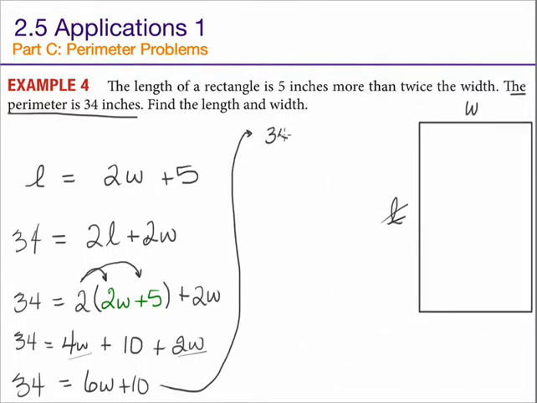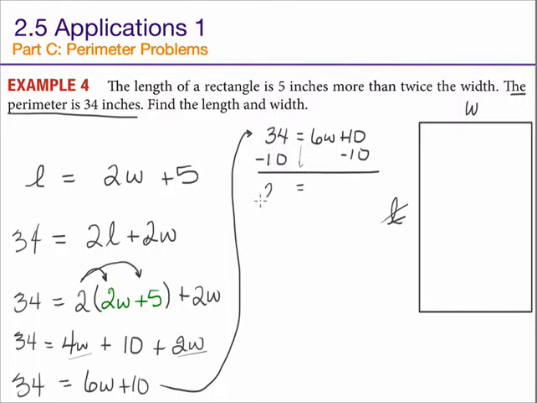Let me just rewrite that line so that we can carry on. We want our variable by itself. We've said in the past that we want the variable on the left, but it doesn't have to be, as long as it's only on one side and not the other. The fact that I have 10 added to the variable term means that it's in my way, so let's get rid of it by subtracting 10 from this side, which of course means I must also subtract it from the other side.